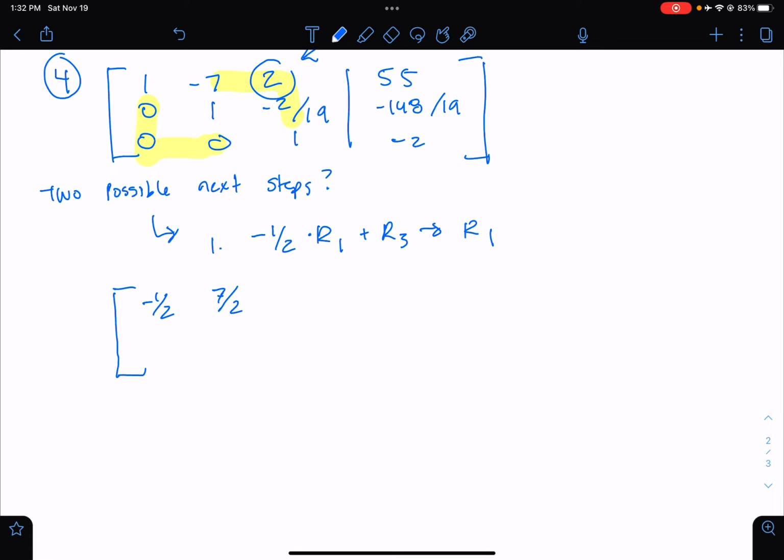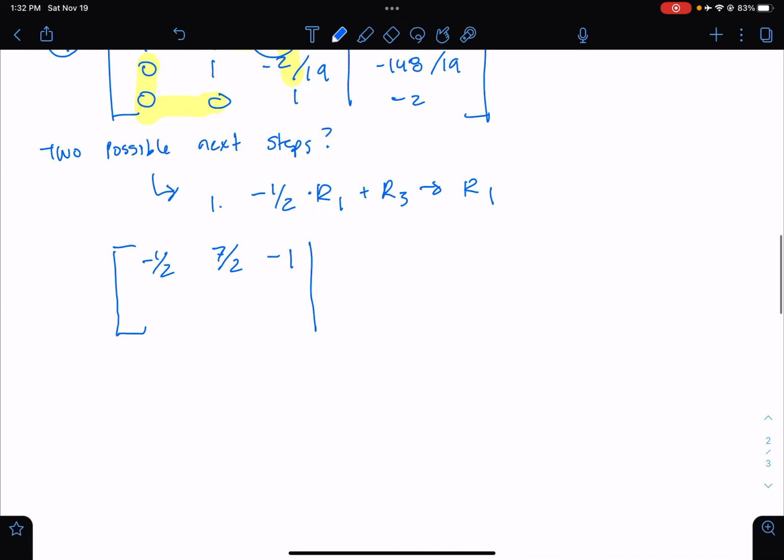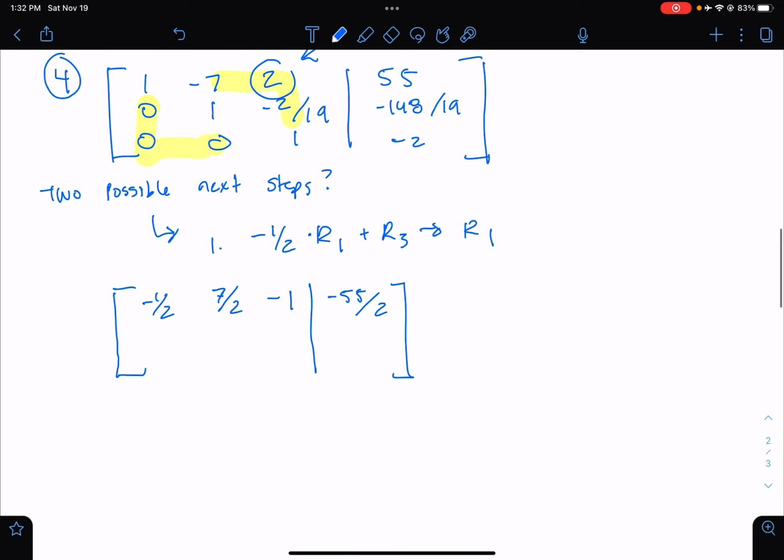And then -1/2 times 2 is -1. Negative 1/2 times 55 is negative 55 over 2. And then everything else stays the same.